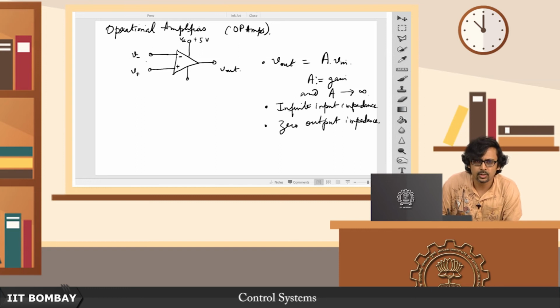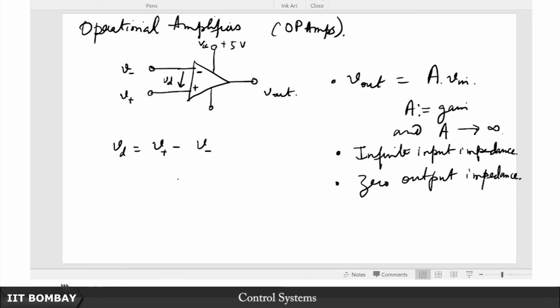So let us do a little bit more formal study of this. Let us say this is V of D. You know that V of D is nothing but V of plus minus V of minus. And then what is the input voltage? The input voltage is nothing but this V of D. So this is my first equation, this is my second equation, and this I can refer to as my third equation.